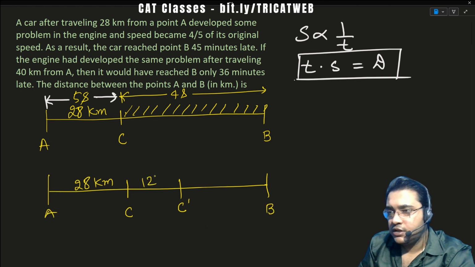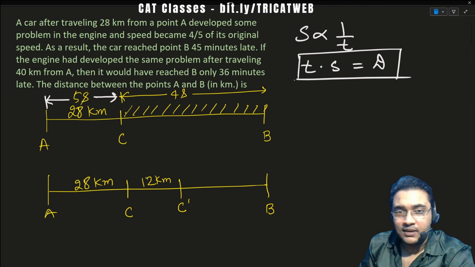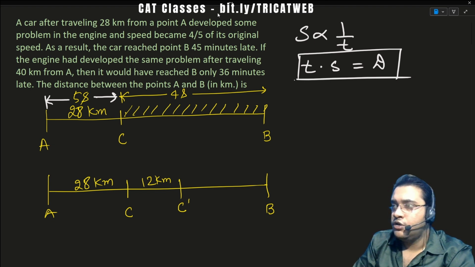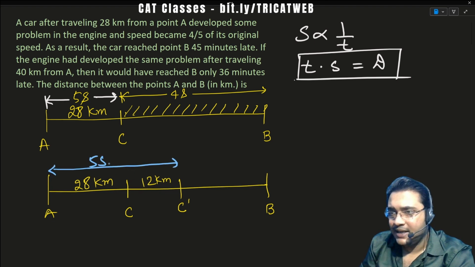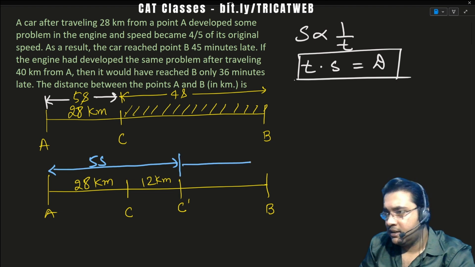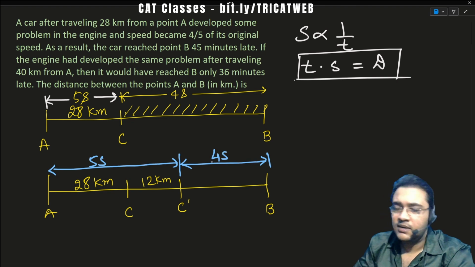I have additional 12 kilometers in my arsenal that I am traveling at my usual speed. So far so good. So I can say that this much I'm traveling at 5S and this much I am traveling at 4S speed.